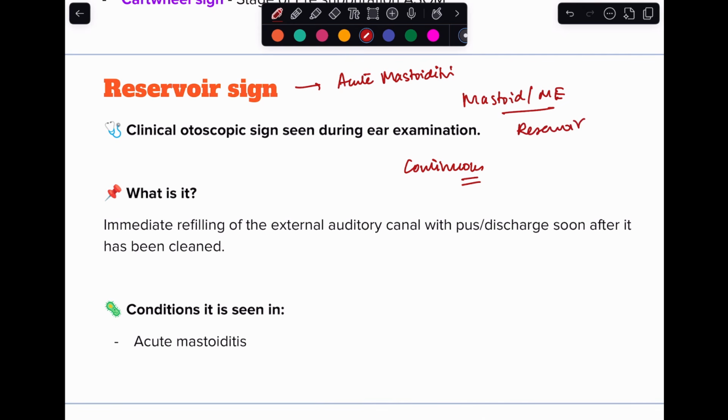So every time you clean the EAC of all the pus and the discharge, it fills up rapidly again. Because the mastoid is acting as a reservoir, this has been known as the reservoir sign. So that's all about the signs that we had to talk about today, the different signs that we see in the different complications of otitis media.